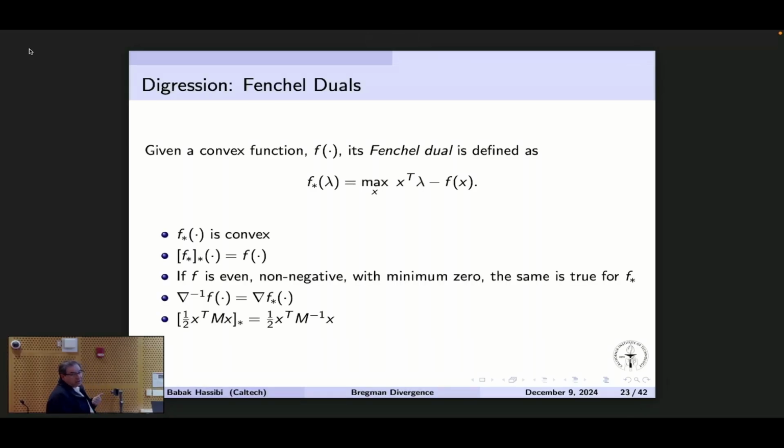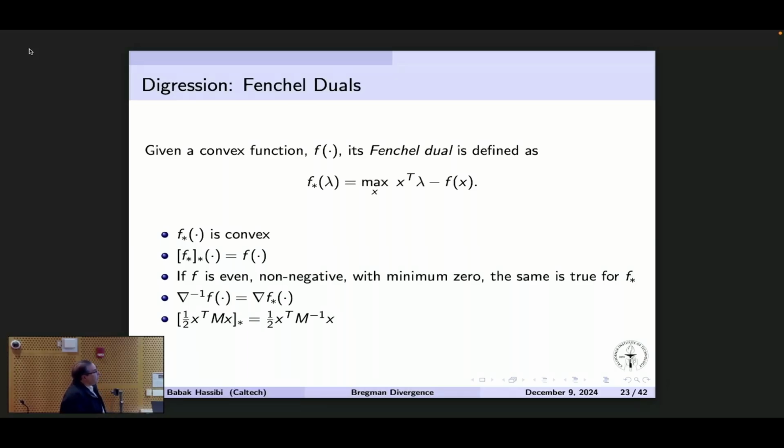The dual is convex. The dual of the dual is itself, so this is actually an involution, so it's appropriate to call it a dual. For us, if this f is even, non-negative with minimum at 0, the same is true for the Fenchel dual. This will also be important for me.